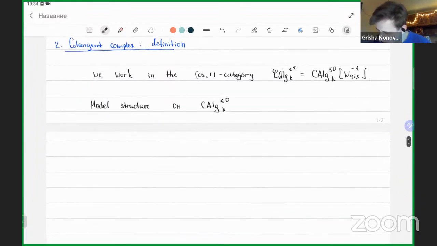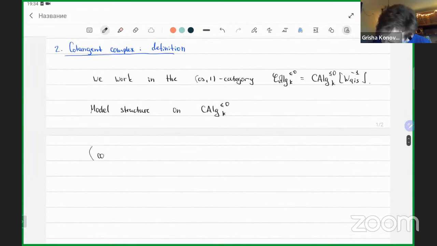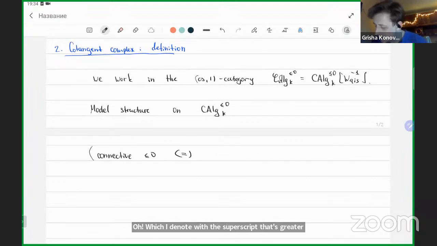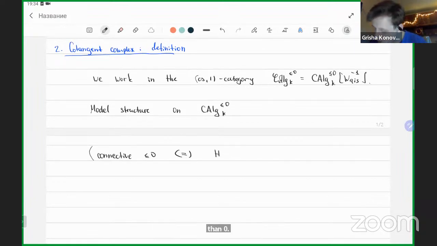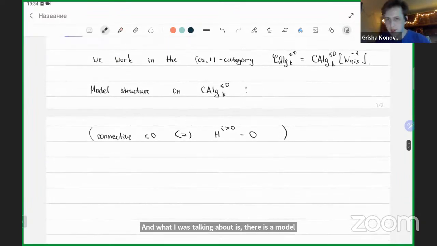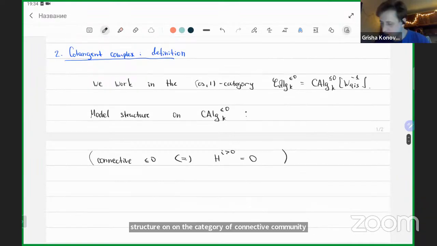By the way, connective, which I denote with the superscript not greater than 0, means that our differential graded algebras have no cohomology in positive degrees. And there is a model structure on the category of connective commutative differential graded algebras, the usual one category, which we start with.